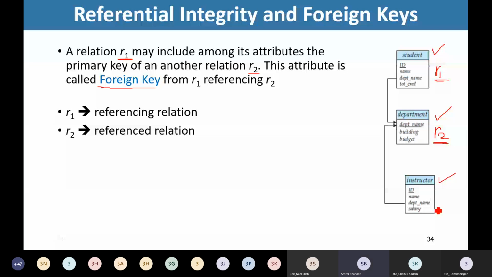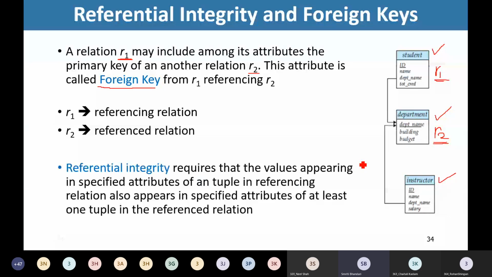And this foreign key is borrowed from the referenced relation where that attribute is the primary key. So this is the concept of foreign keys.